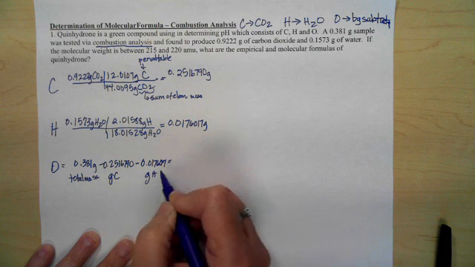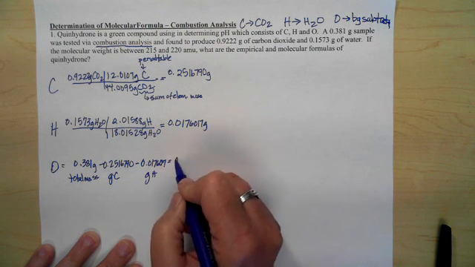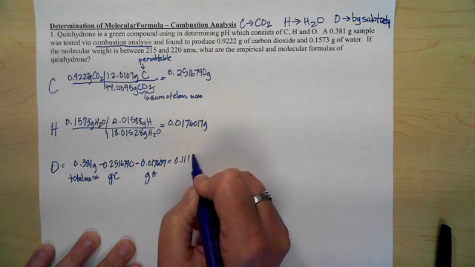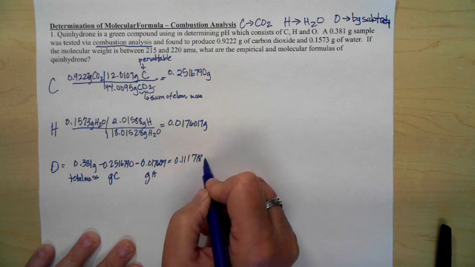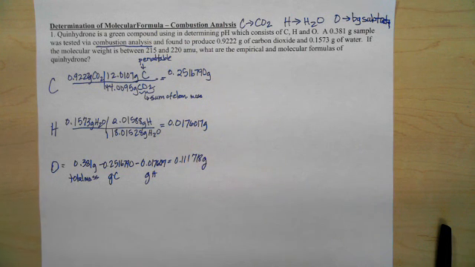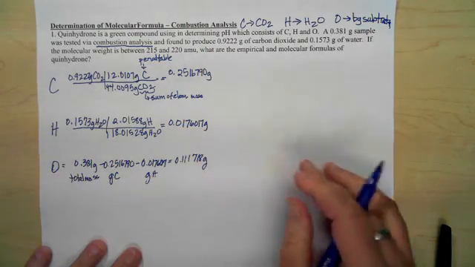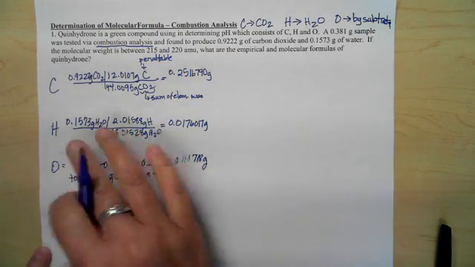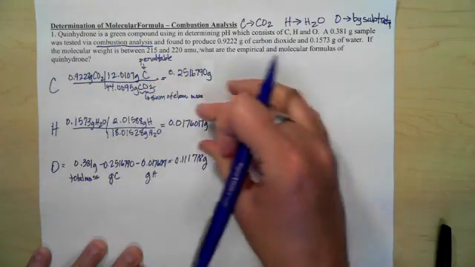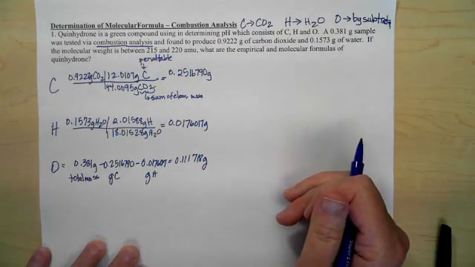That leaves us with 0.111718 grams of oxygen. Now, what I have done is set them up so we're rolling this way. So this is all the carbon, this is all the hydrogen, and this is all the oxygen.